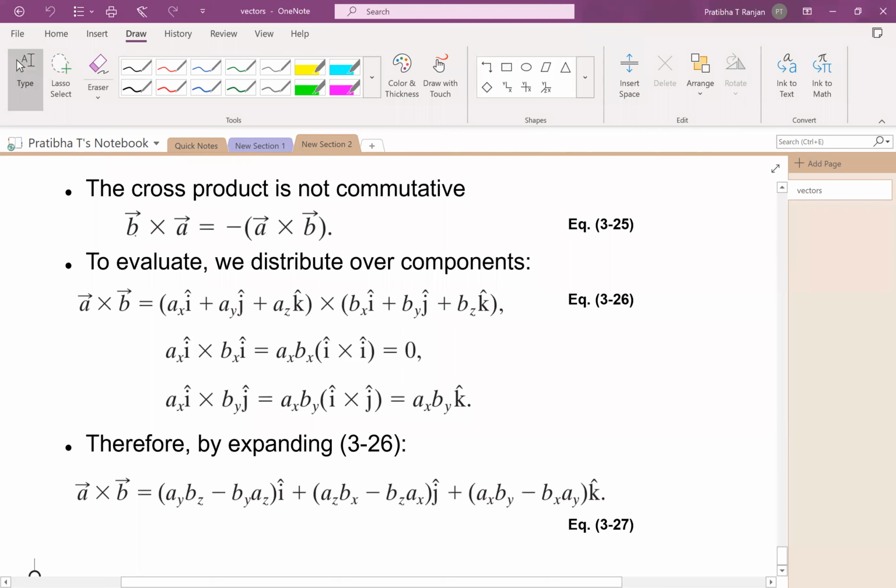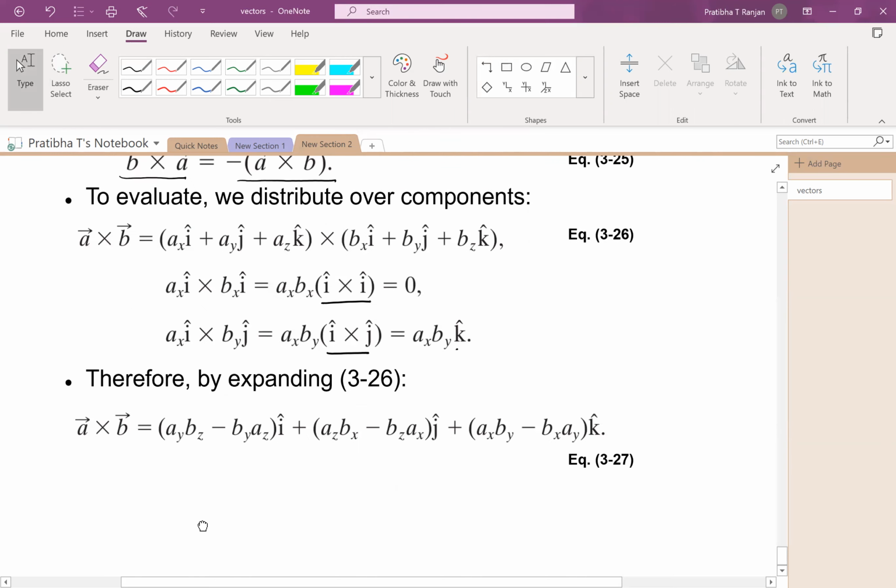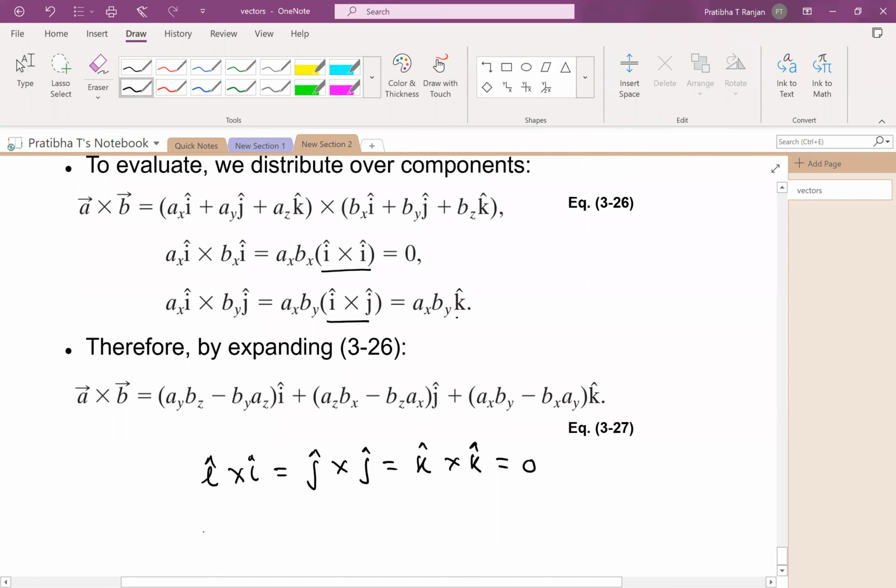So this is the rule. If B cross A, then it will be negative A cross B, right? And here I cross I is 0, whereas I cross J is equal to K. So it's basically like this: I cross I equals J cross J equals K cross K, that is equal to 0. Whereas I cross J is equal to K cap.